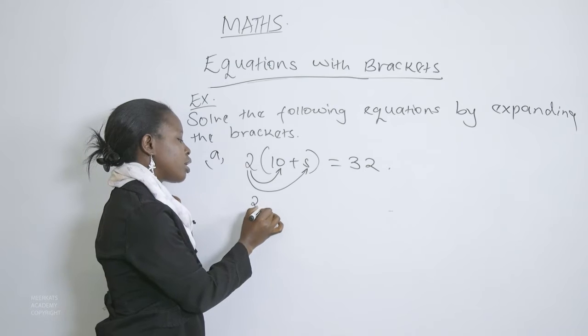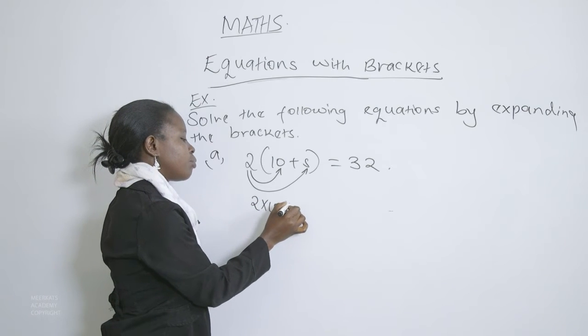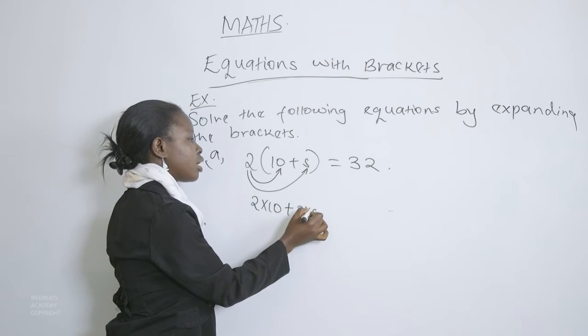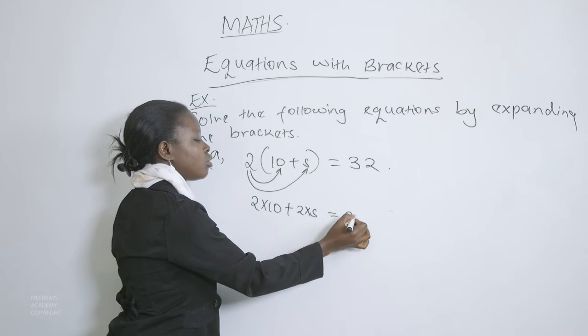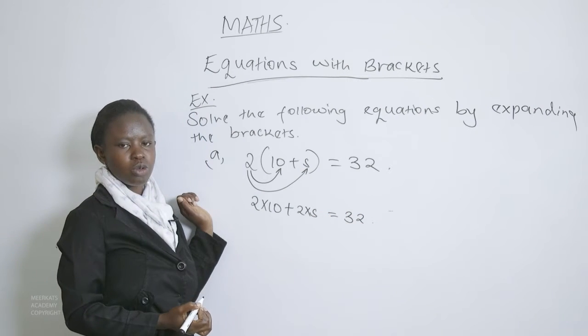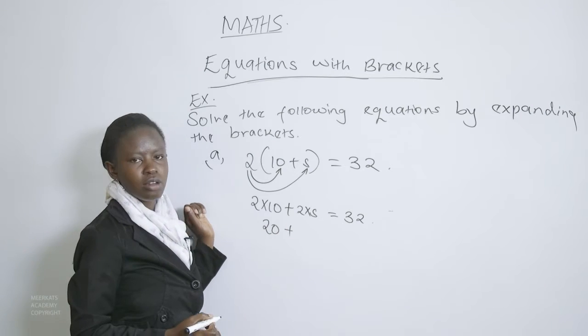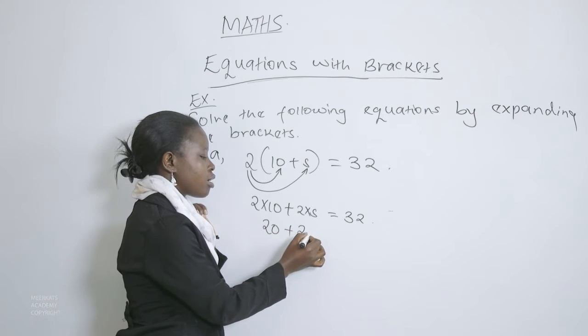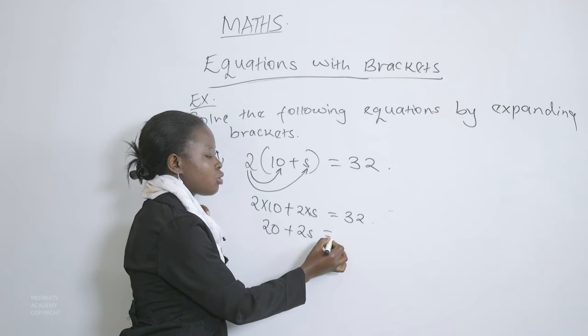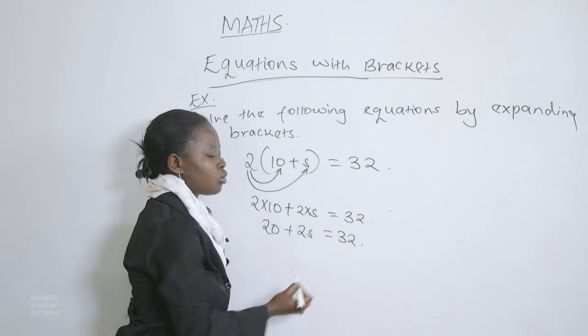So this will bring us to 2 times 10 plus 2 times s is equal to 32. 2 times 10 is 20, then plus 2 times s gives us 2s, which is equal to 32.